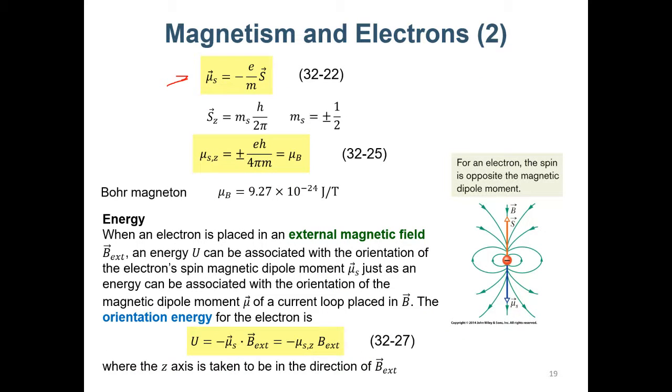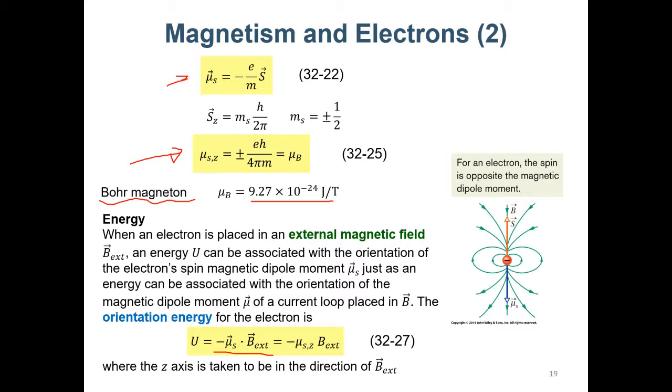Then we will have this term, just put it inside, and this is the so-called Bohr magneton, which you can imagine is something like the unit of magnetic moment. So it's something like this, and the energy regarding this Bohr magneton is something like this.